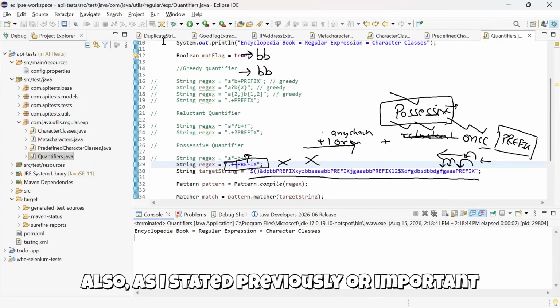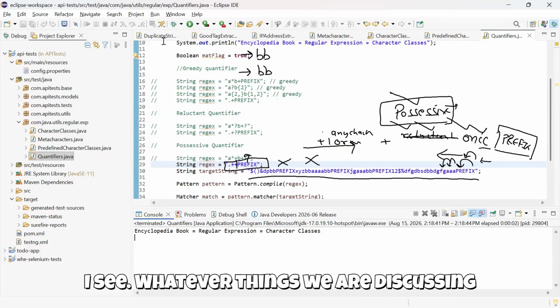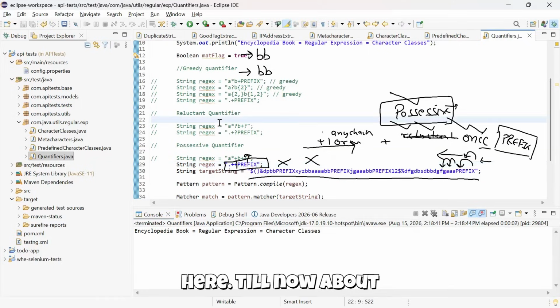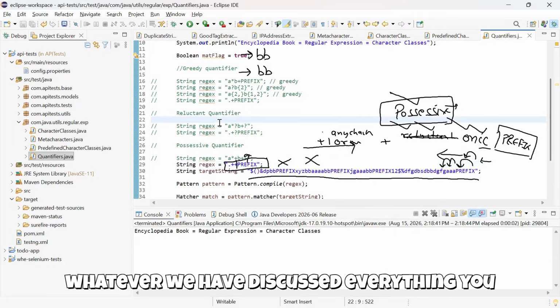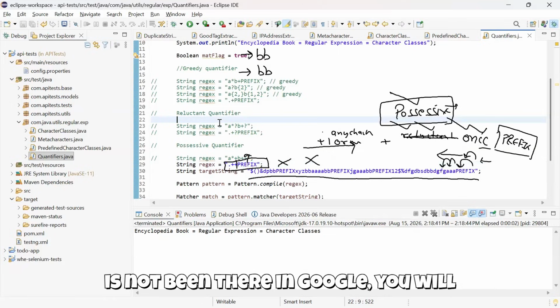One important thing I would like to state here is that whatever we are discussing about regular expression or quantification, everything you can find in Google. If it is not in Google, you will find it in some books.